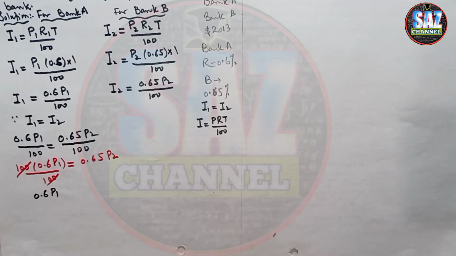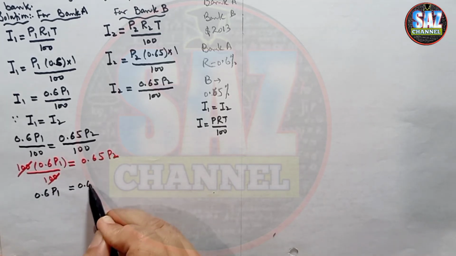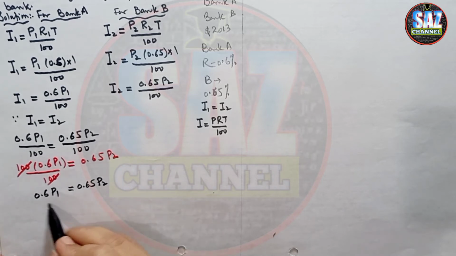Now the equation will take the form 0.6 P1 equals 0.65 P2. Now I can shift this 0.6 to the other side.